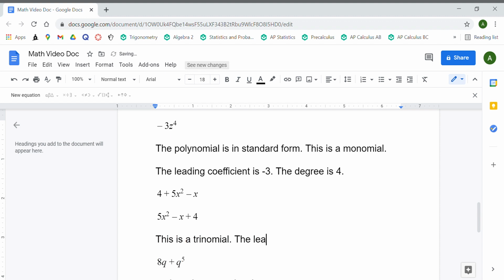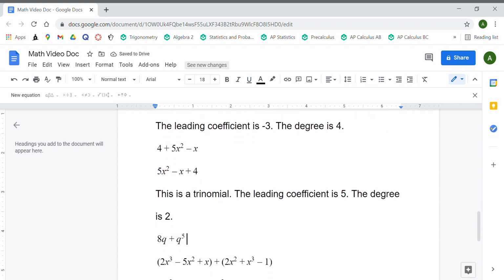And so your leading coefficient is 5. And the degree of the polynomial is the greatest exponent that you can find, and that is 2. So basically, when you're trying to find the degree of a polynomial, you simply need to look at the first term when it's in standard form. So the degree is 2.